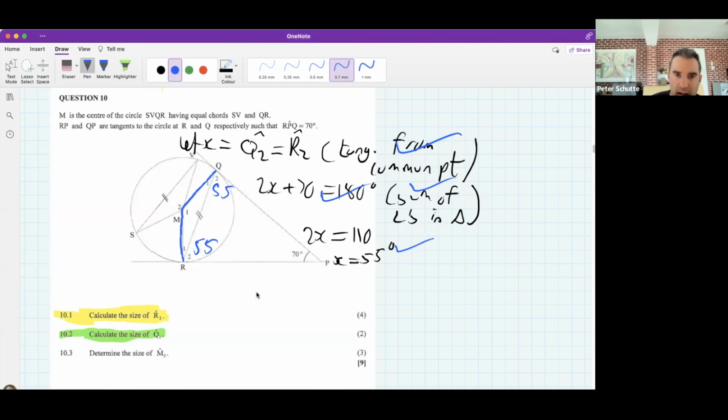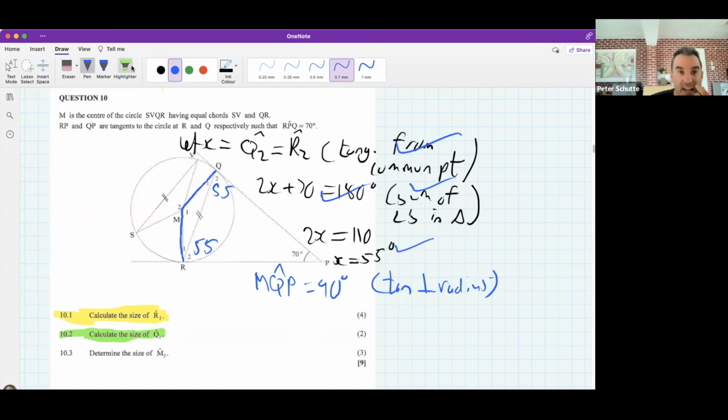So basically what I think you are saying, and I hear you, is that MQP is 90. Can you give me the reason for the theorem? Like I said, a line from the center meets the tangent, it is perpendicular to the tangent.